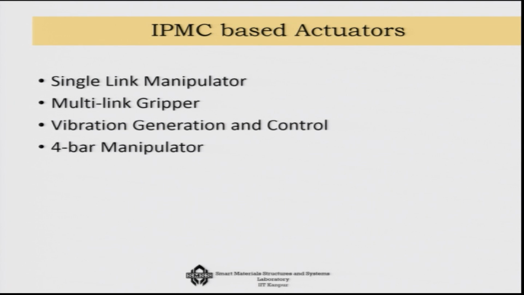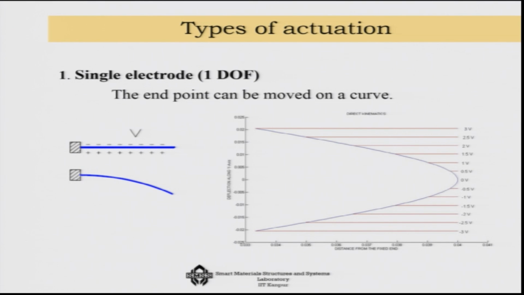Now, IPMC based actuators specifically are used for various purposes like single link manipulation, multiple link grippers, vibration generation and control, and for 4-bar manipulations. If you look at one of the applications, like a single electrode flexible manipulator, in this case you have a cantilever beam and you apply the voltage, and accordingly you will see the tip point getting displaced.